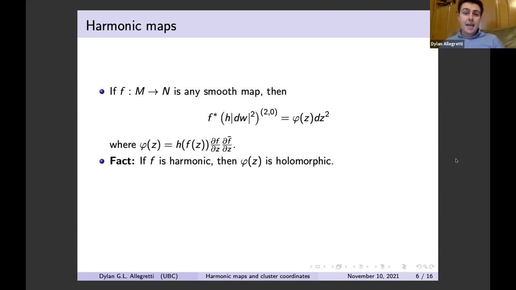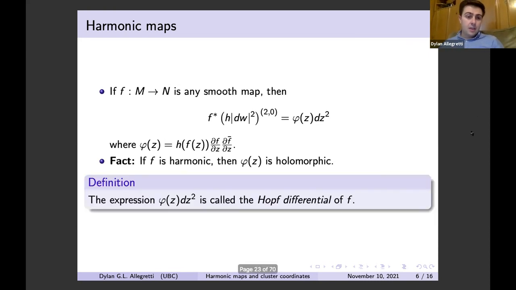So in other words, you could say that the 2-0 part of the pullback metric is what is known as a holomorphic quadratic differential. So that's just a holomorphic function times dz squared. An expression of that form is a holomorphic quadratic differential. And in fact, this has a name. So this expression that we get by pulling back the metric and taking the 2-0 part is called the Hopf differential of the map. So that's how you go from a map between two surfaces to a quadratic differential.